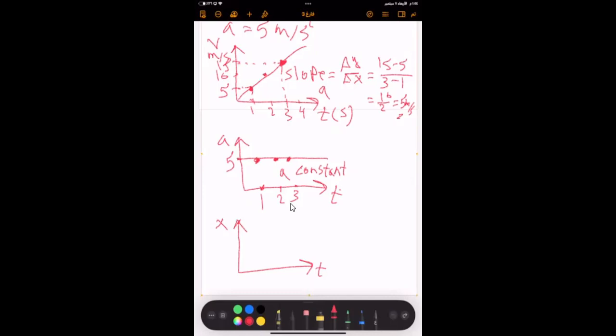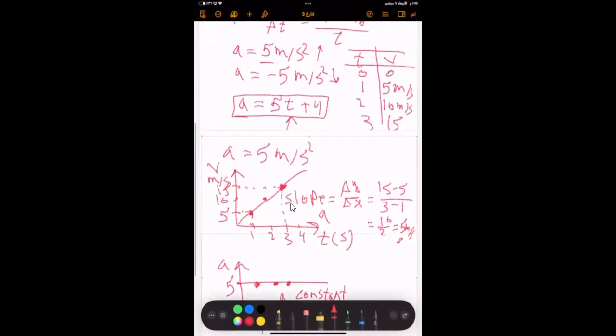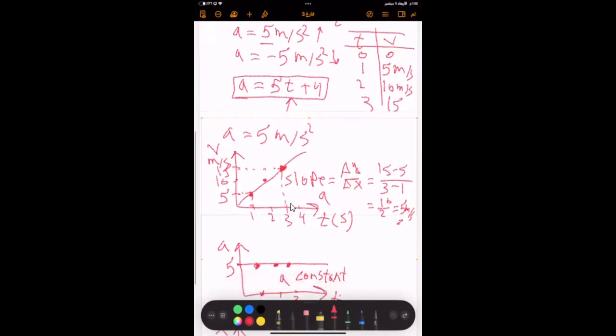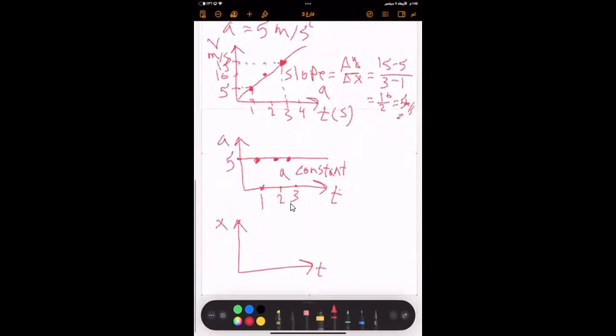For each second, the velocity will increase, as in the table: 5, then 10, then 15, and so on. As the velocity increases, the distance traveled by the object also increases. So the relation here will be like this, increasing.